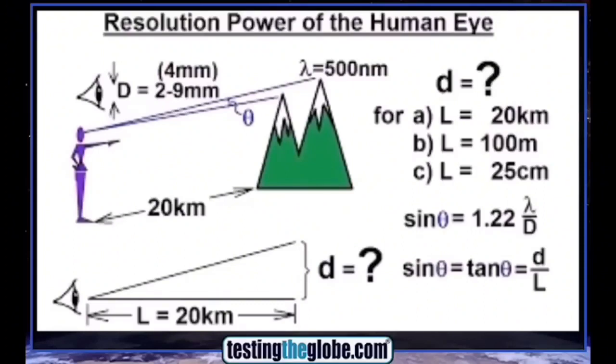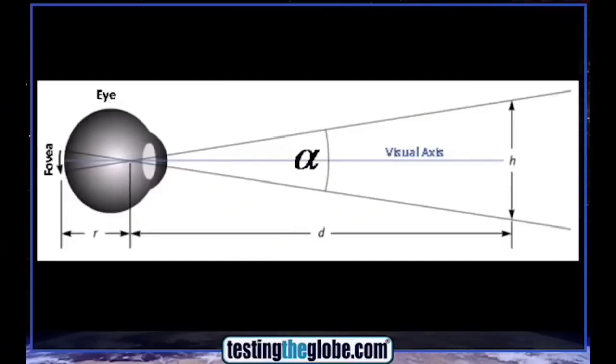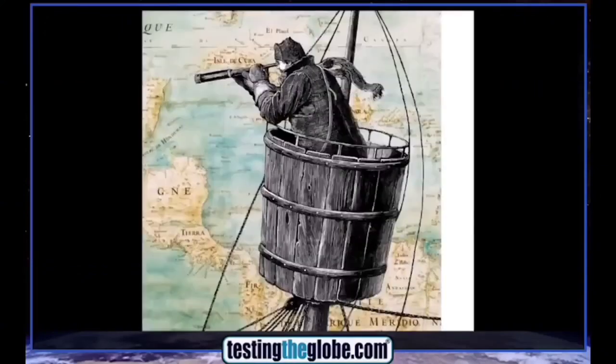So, when people say, if the Earth was flat, then we should be able to see Europe across the ocean, there are scientifically proven laws of light, diffraction, resolution, and perspective that render this statement foolish. Due to the resolving power of our eyes and even the most powerful telescopes, we could never possibly see across an ocean that is thousands of miles in distance.